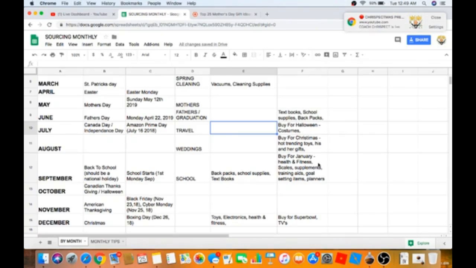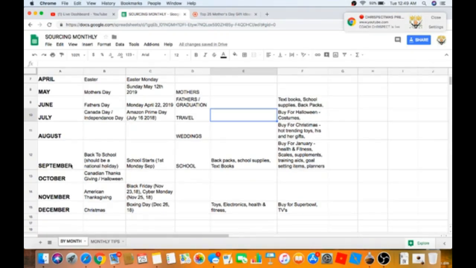You want to target every month specific to the category, specific to what is hot, because you want to be able to buy these products at a really low price and then resell them on average at a 10, 20, 30, 40, 50% increase over the MSRP, the manufacturer suggested retail price.